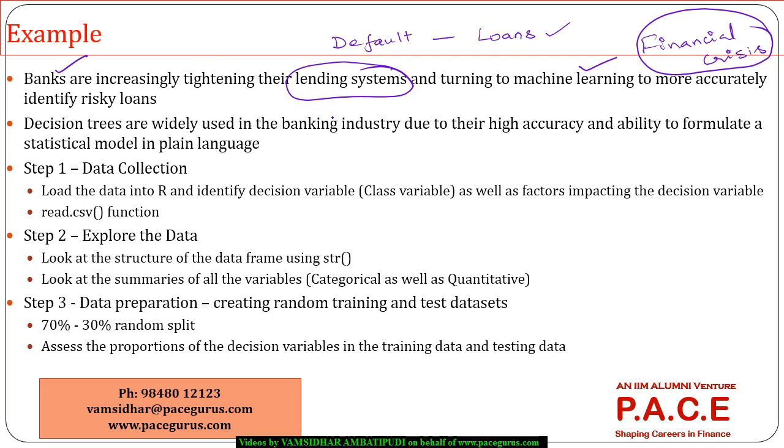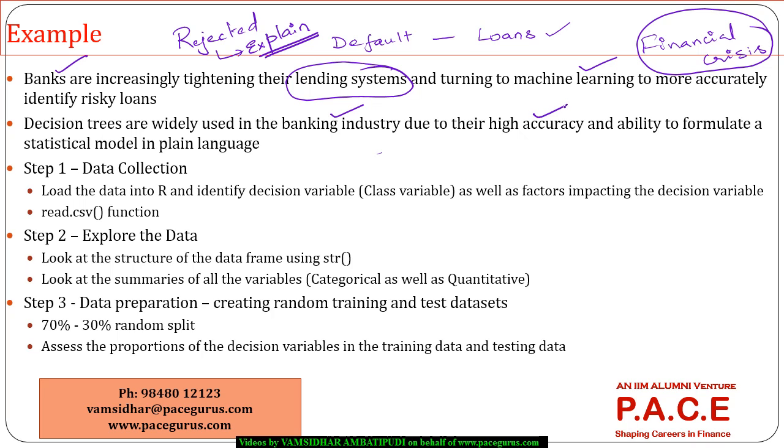There is a heavy usage of decision trees, because if someone is rejected, I should clearly explain why he is rejected for a particular loan. Because of that explanatory requirement, decision trees are very widely used for the classification task.